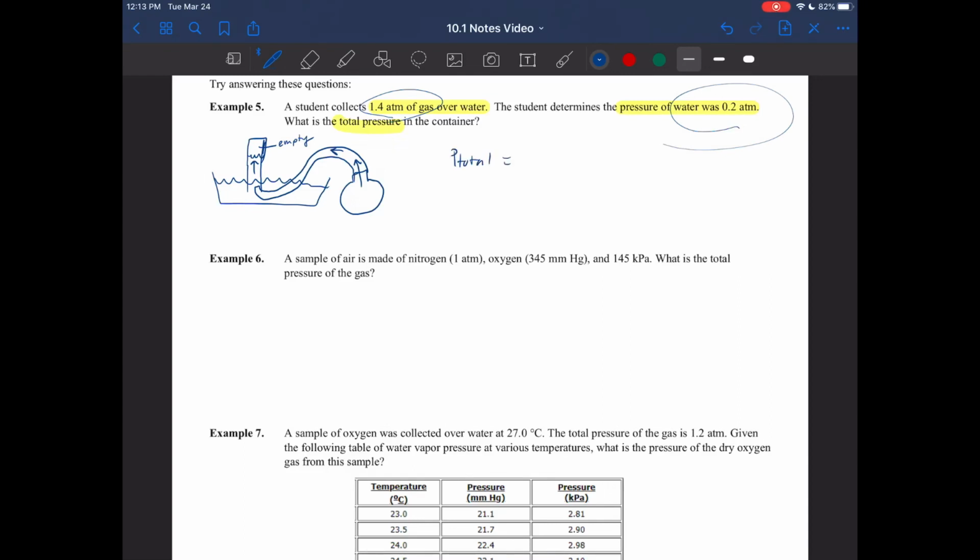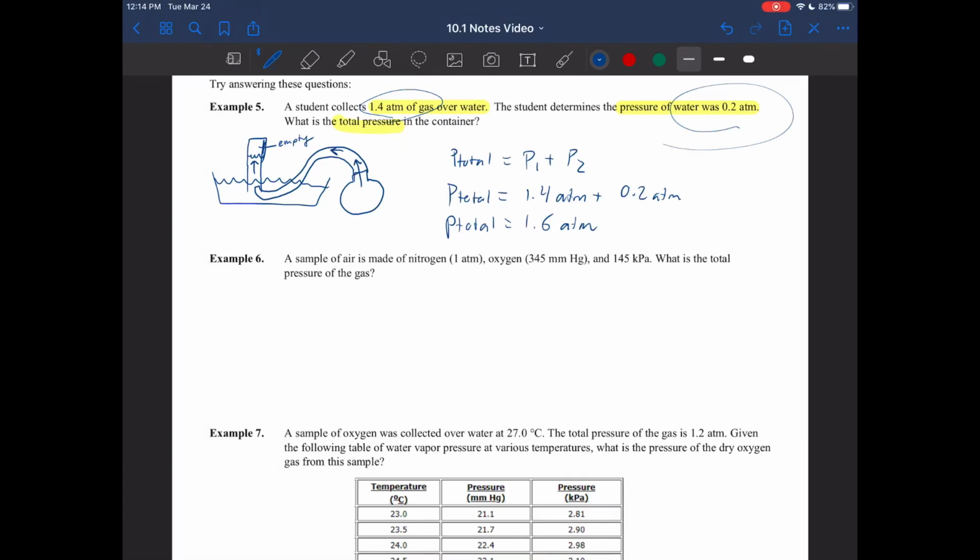The total pressure is just going to be equal to our two partial pressures added together. So let's see, P total is equal to 1.4 atmospheres plus 0.2 atmospheres. I mean, this is probably pretty obvious, right? 1.6 atmospheres is what I'm getting when I do that math in my head.